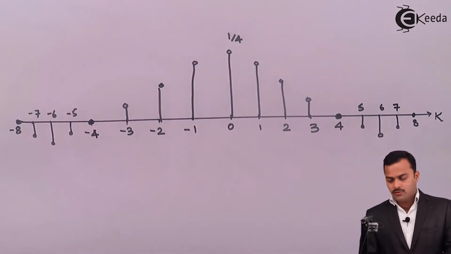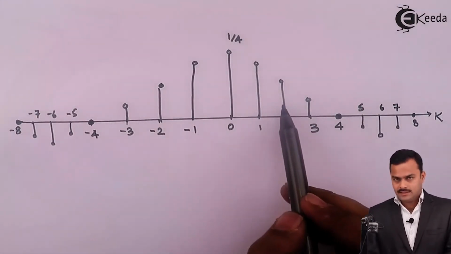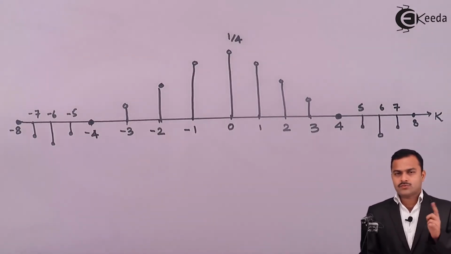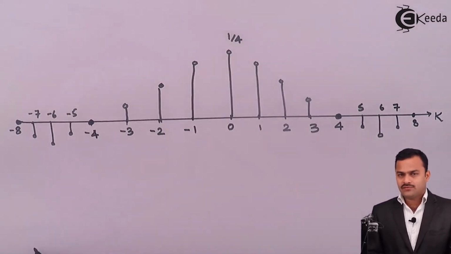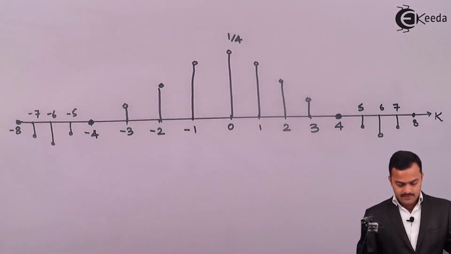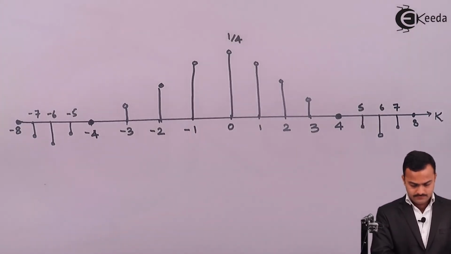So what we have observed over here is that we are getting more samples if we have a time period T1 which is very small compared to capital T. In the previous case we had capital T as 4T1 and now we have capital T as 8T1. See the difference that we obtained.